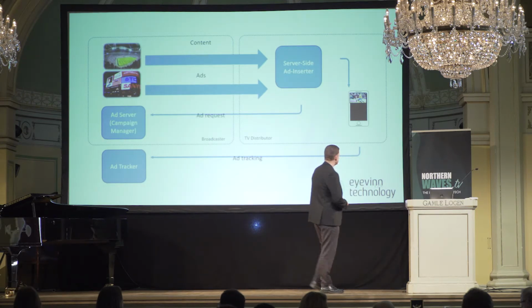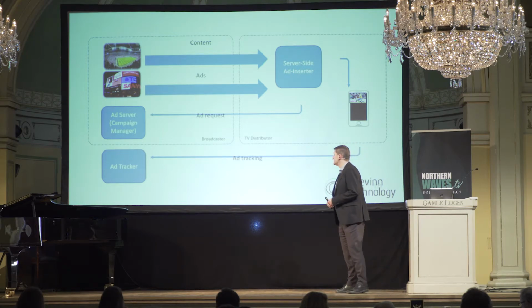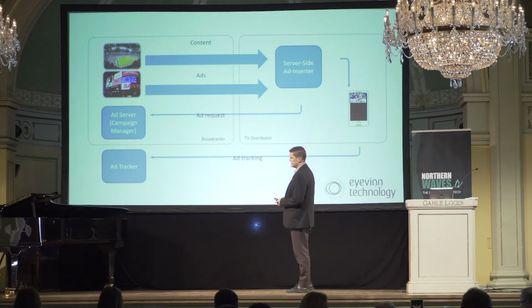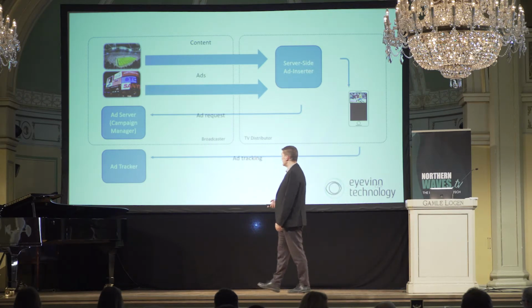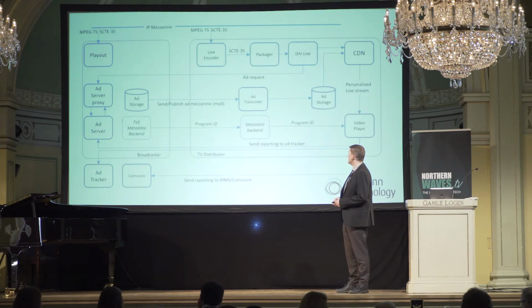On a very high level, this is the flow. The TV distributor owns the server-side stitcher and the clients. The content, the ads, and the ad server sit on the broadcaster side. The ad tracker can be on the broadcaster side, but it can also be an independent ad tracker, all specified in the VAST that is returned.